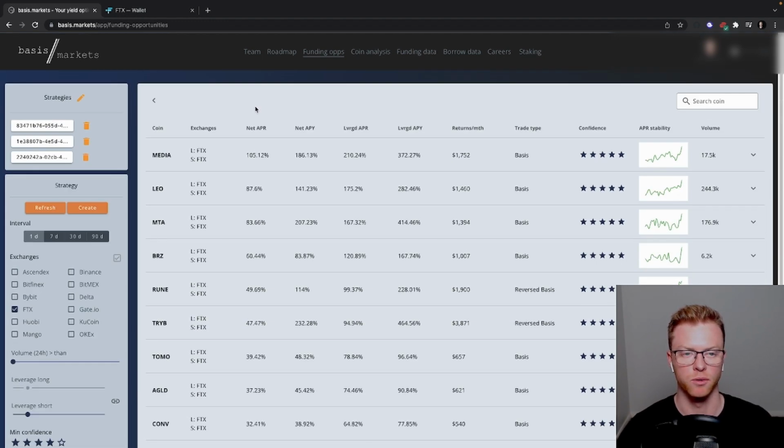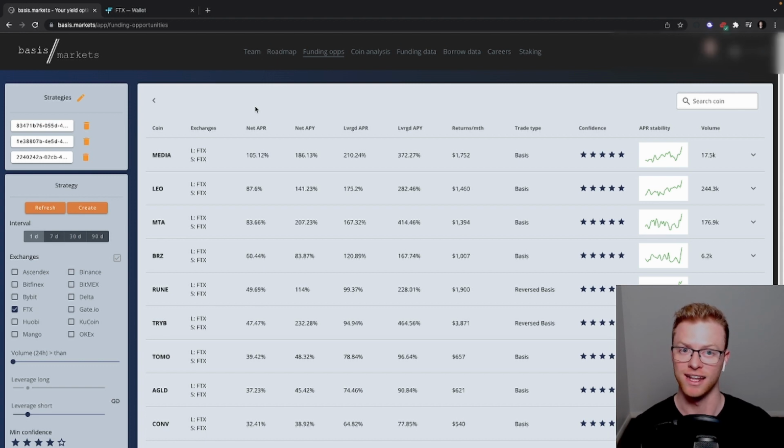While that's happening, we want to go and see, first of all, the APR stability. Is that trending higher or lower? The trade confidence: how confident is the Basis Trade Engine in that trade? Obviously, with a higher star rating, the more confident and the more secure the trade can be said to be. And then the volume. Volume is going to be key for us to get in and out of the trade.